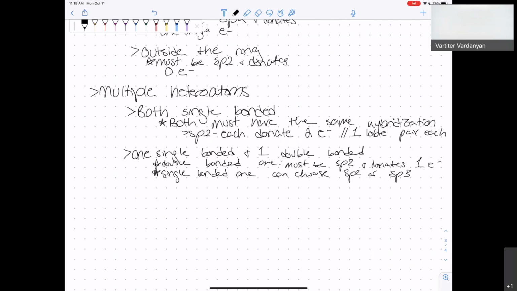Thought I saw a hand. So if it's double bonded and it's sp2, it can only donate 1 electron because it's donating the 1 single electron that's part of the double bond. So I can show you what that looks like because I have it drawn out.